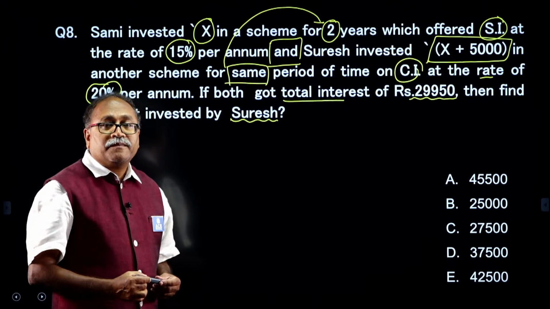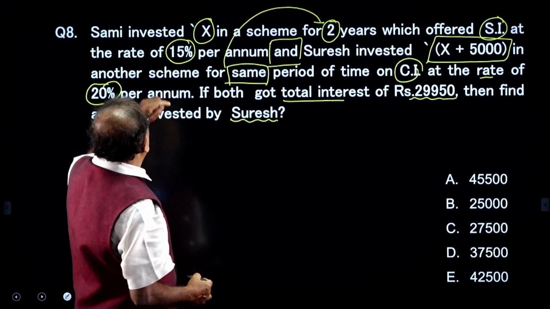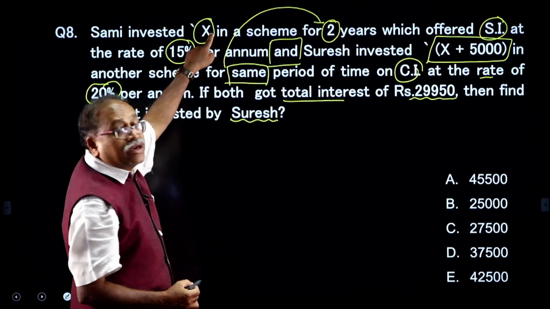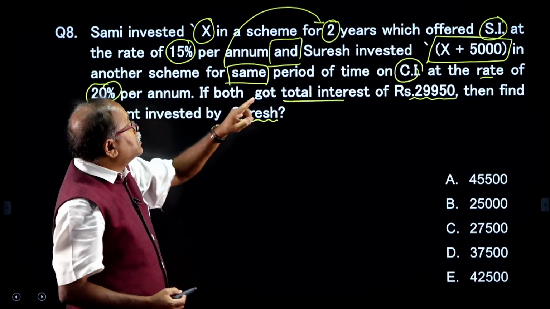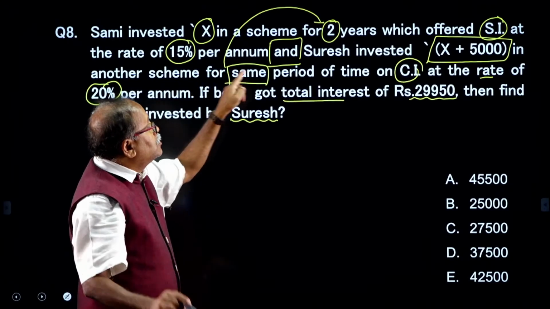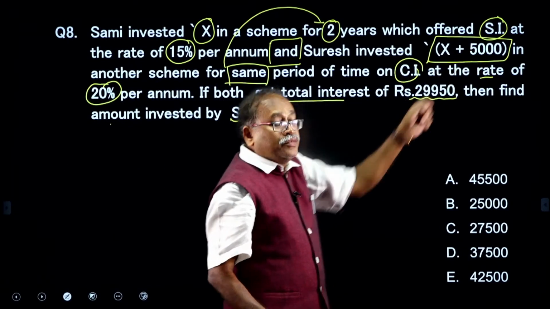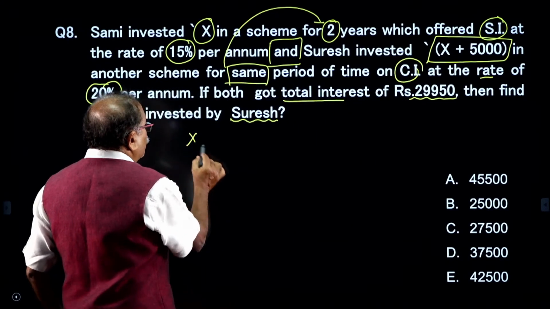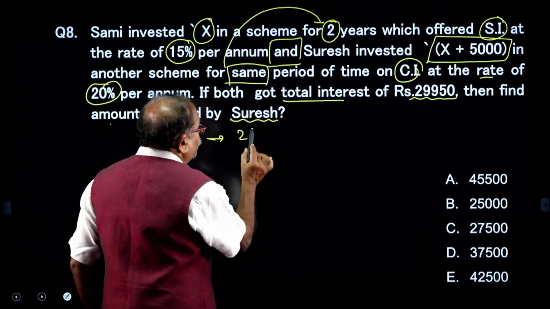So easy. Sami invests X rupees. He is getting 15% per annum simple interest for 2 years.